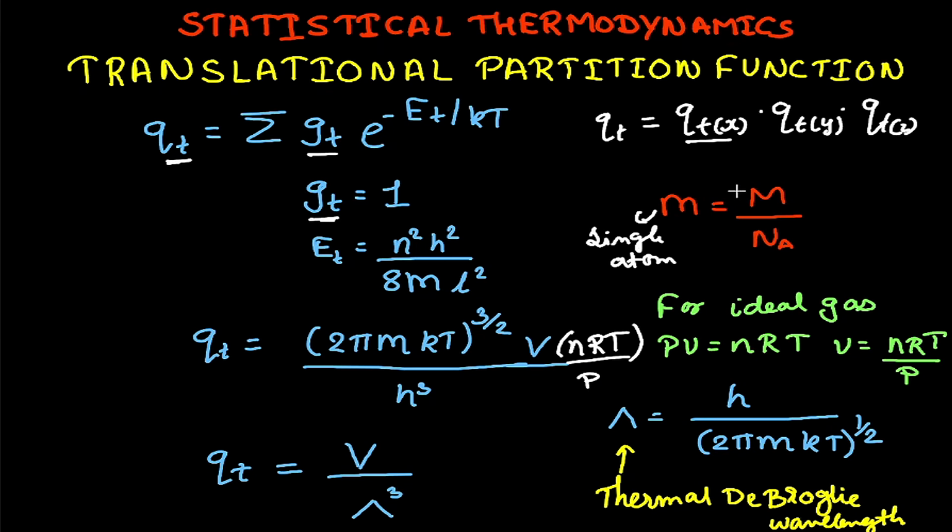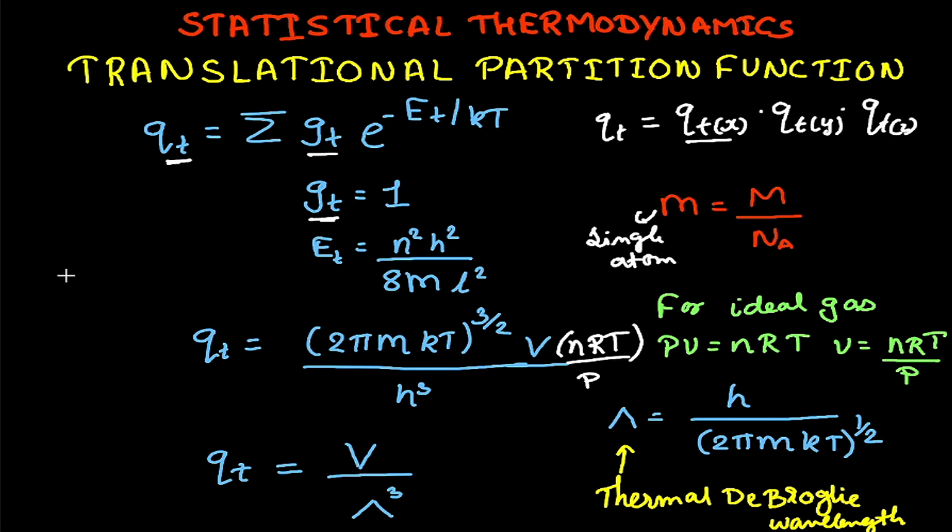Whenever we consider molar mass, the molar mass divided by Avogadro's number gives us the mass of a single atom, so that needs to be substituted. This is the translational partition function, and when you substitute and solve it, we get the number of translational states that are accessible to the system under consideration.